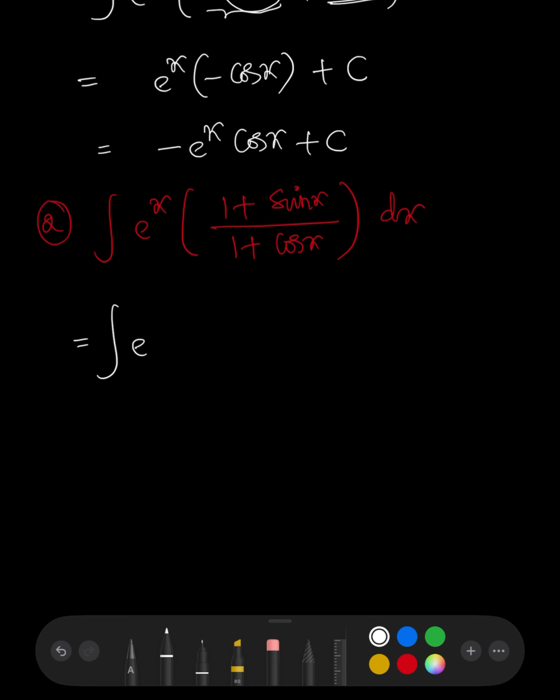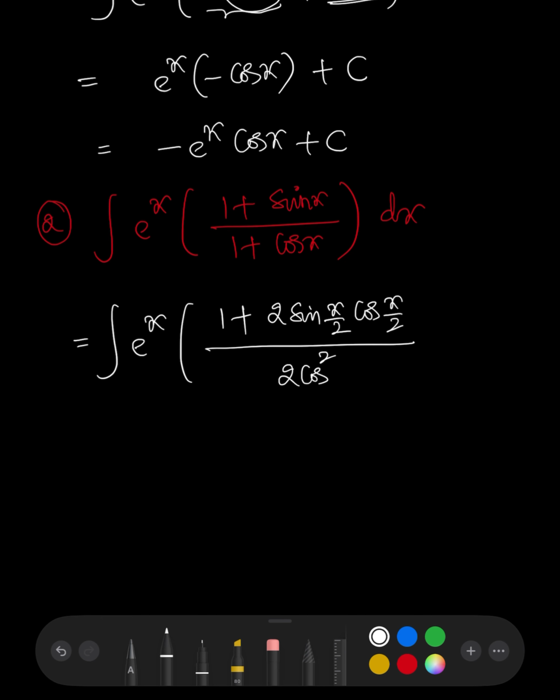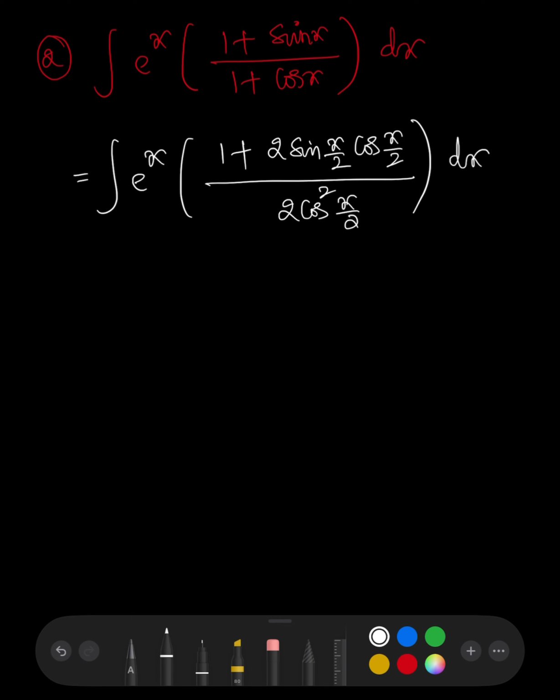Here, integration of e power x into 1 plus, the 1 can keep as it is, sin x we can write as 2 sin x by 2 cos x by 2, divided by 1 plus cos x, we can write as 2 cos square x by 2 whole dx.